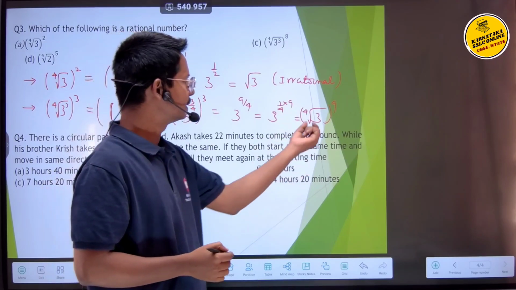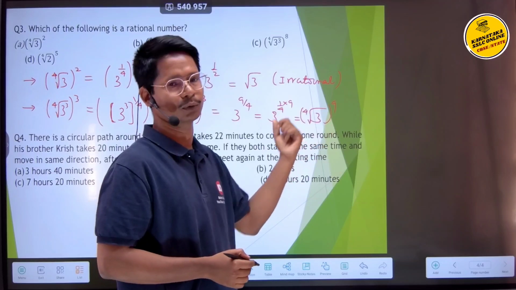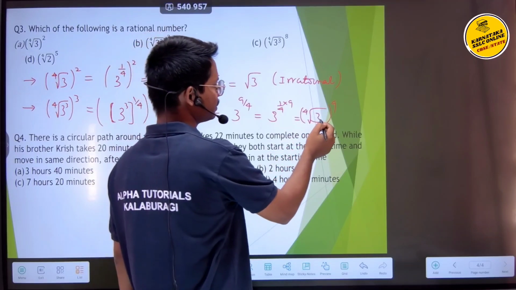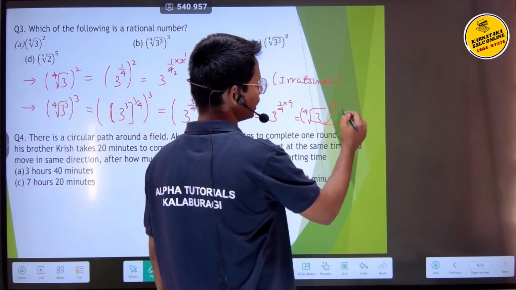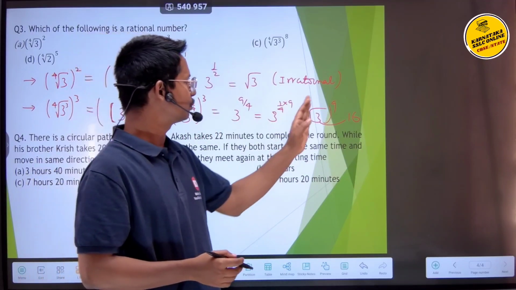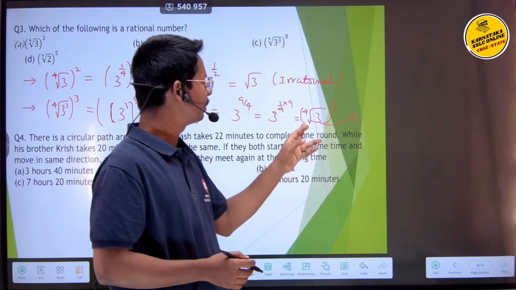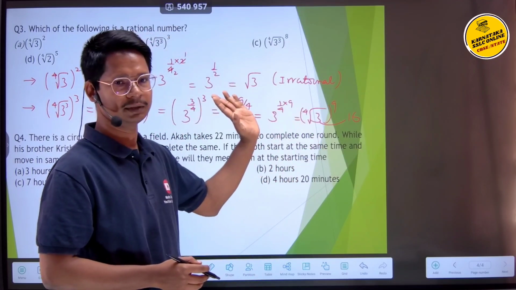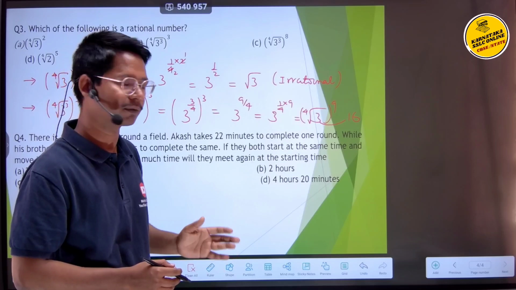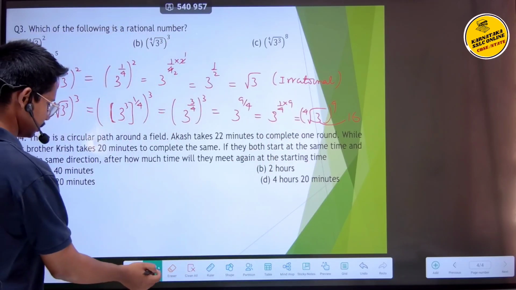It means this number should be expressed as a power with 4. Suppose here instead of 3, if you have 16, you can write 2 to the power 4, so the power 4 and root 4 get cancelled. However it is 3, and 3 cannot be expressed as a power of 4, so it is going to be an irrational number.